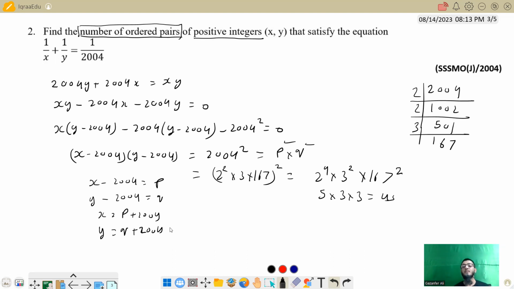If any number is P1 to the power alpha 1, P2 to the power alpha 2, P3 to the power alpha 3, then the number of divisors will be alpha 1 plus 1 multiplied by alpha 2 plus 1 multiplied by alpha 3 plus 1. You remember this result? So we have 45 factors, so we'll have 45 solutions, right? Now what next?